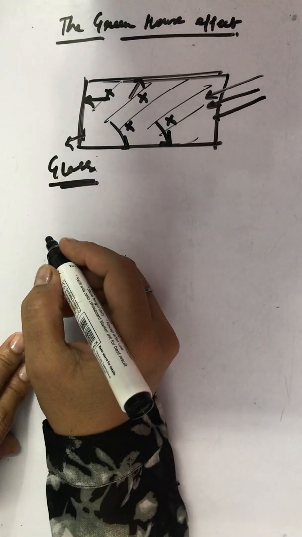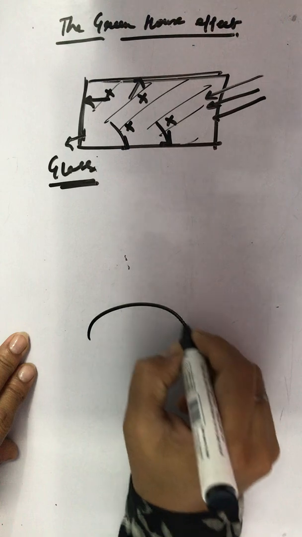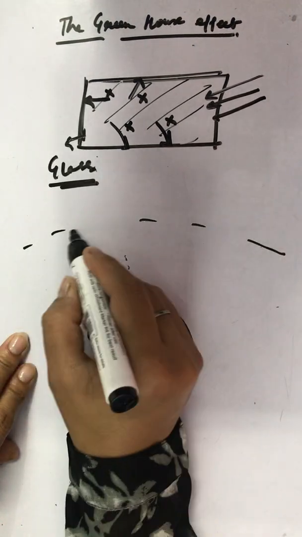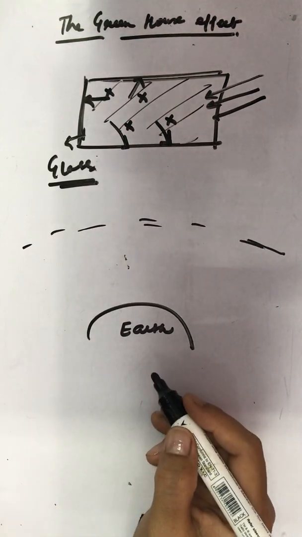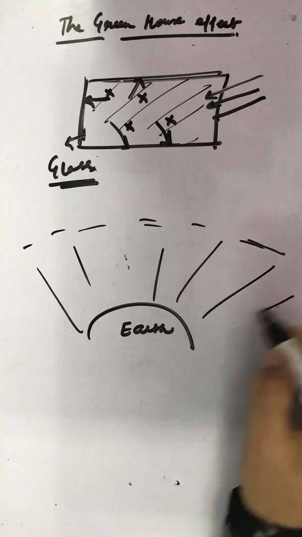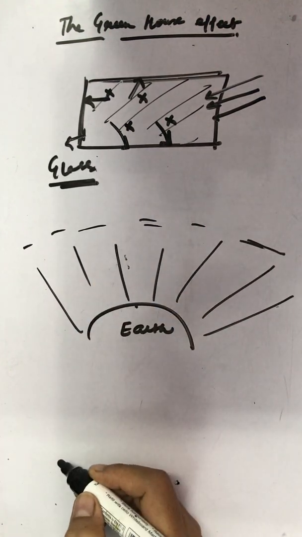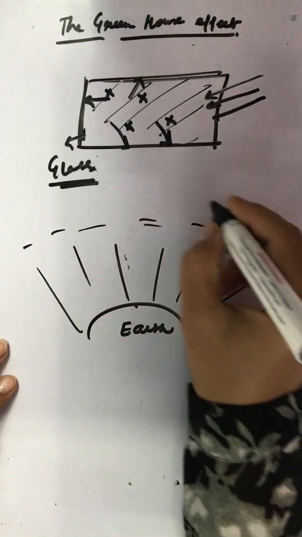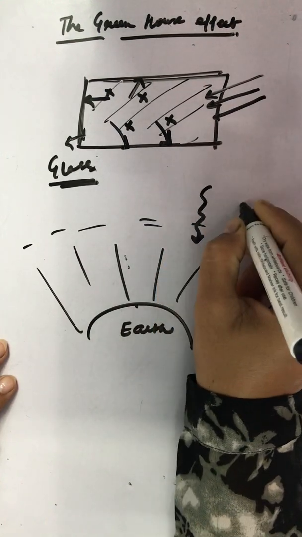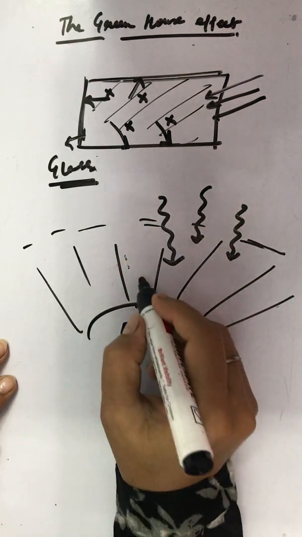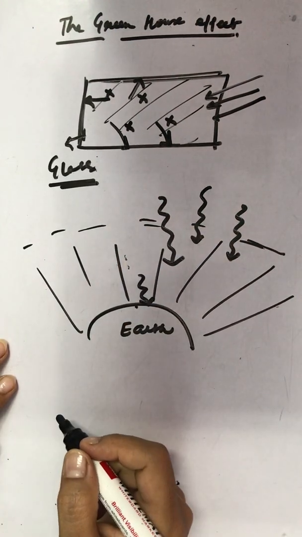Same way, we see the atmospheric cover around the earth. This is the atmospheric cover around the earth. It acts like a glass wall. This is our glass wall, which is of the greenhouse, exactly like that. It allows all the solar radiations to pass through it and to strike the earth's surface.